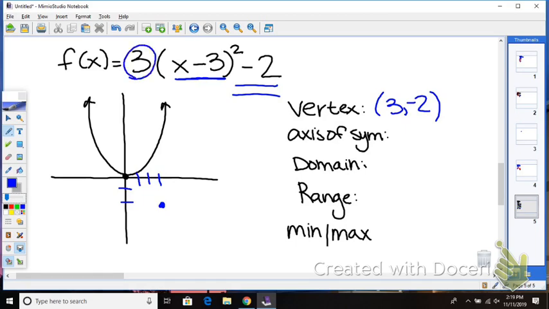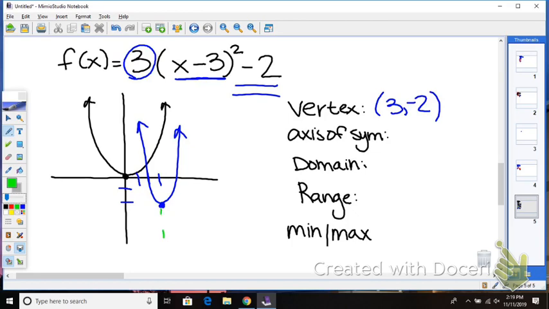Is it a smiley face or a frowny face? Smiley. And if it's 3, that means I'm rising 3 but running 1. What does that do to the graph? Makes it narrower. We're not going to try to plot that exactly. We're just going to make it look narrower than your original, because that shows me that you understand it's supposed to be narrower.